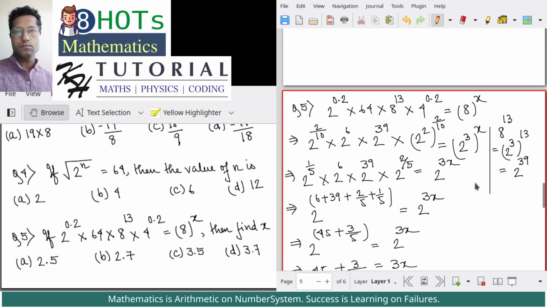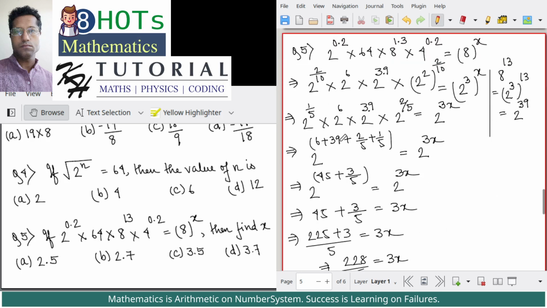So this becomes 3.9. So this is 3.9, fine. So this will be 3.9 plus 6 is 9.9. 9.9 plus 3 by 5.